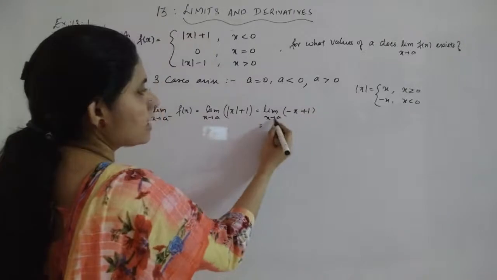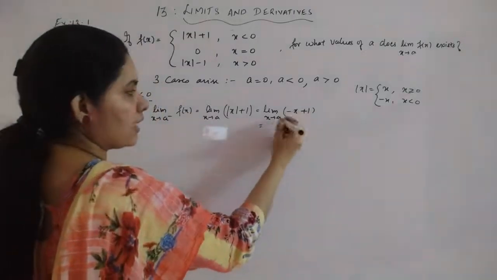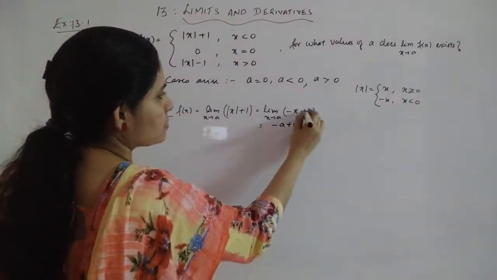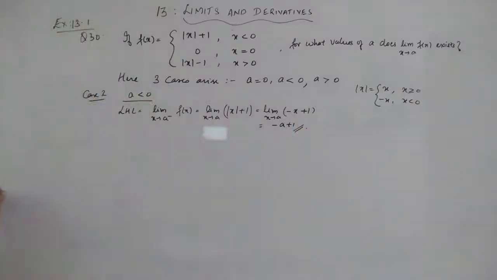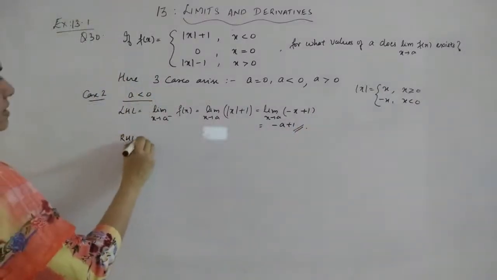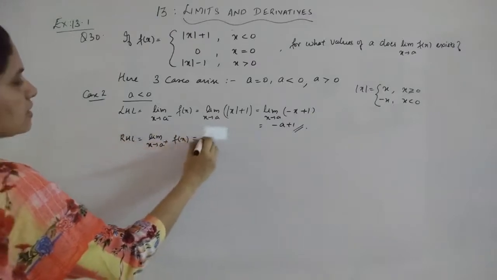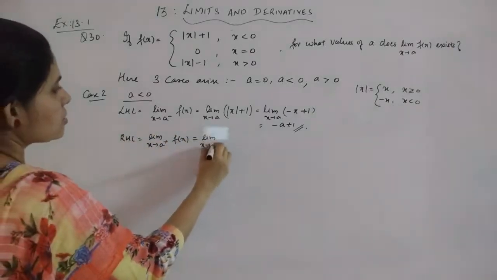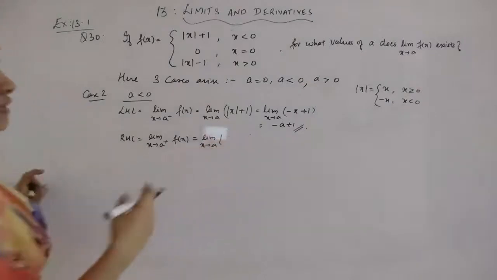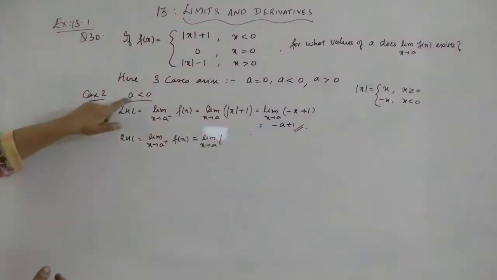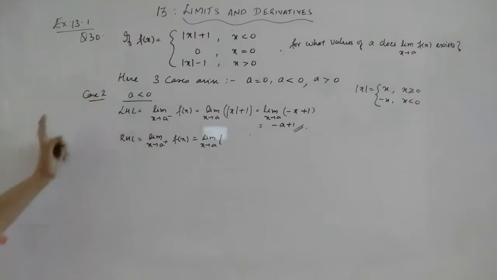So you are just taking it as limit x tends to a of minus x plus 1. Now we will replace x with a. So you will get minus a plus 1. So this is the left hand limit. Again for right hand limit, limit x tends to a plus f of x, which is equal to limit x tends to a. Again the function value will be same because we have taken a as a quantity which is less than 0.